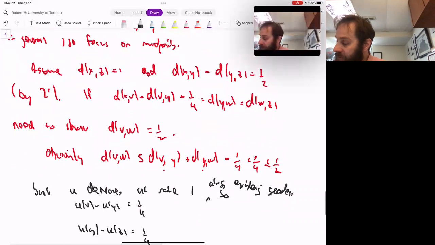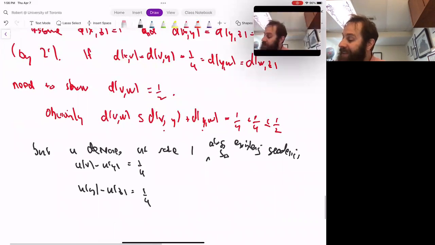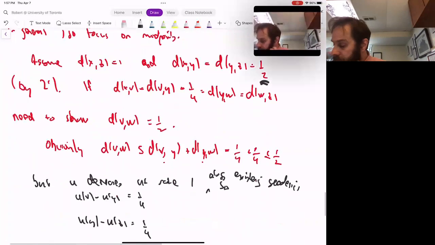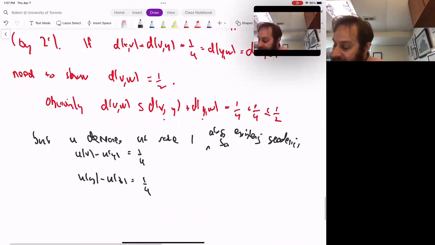It can't decrease at a rate faster than 1 because it's Lipschitz, and it needs to decrease at rate 1 all the way from X to Z for the distance XZ really to be 1/2. And so I add these things up and I get U of V minus U of Z is 1/2.